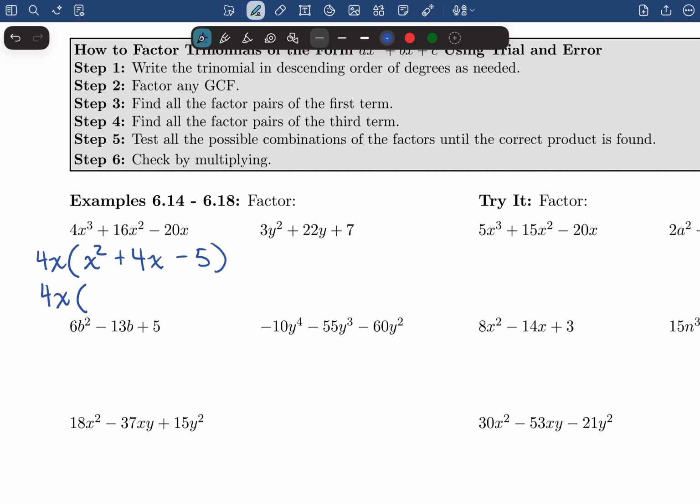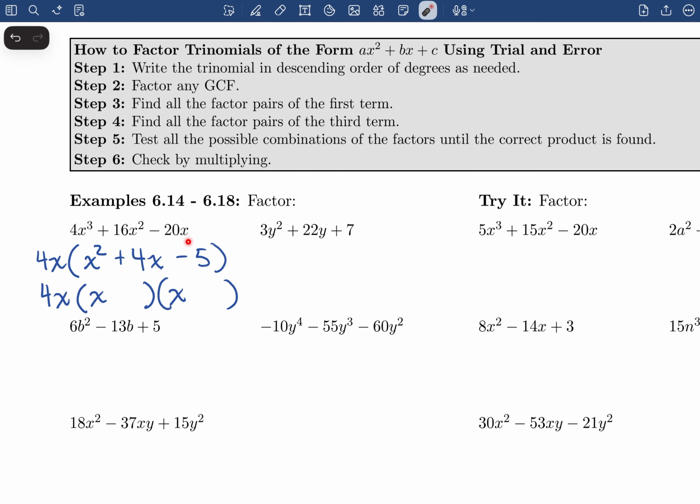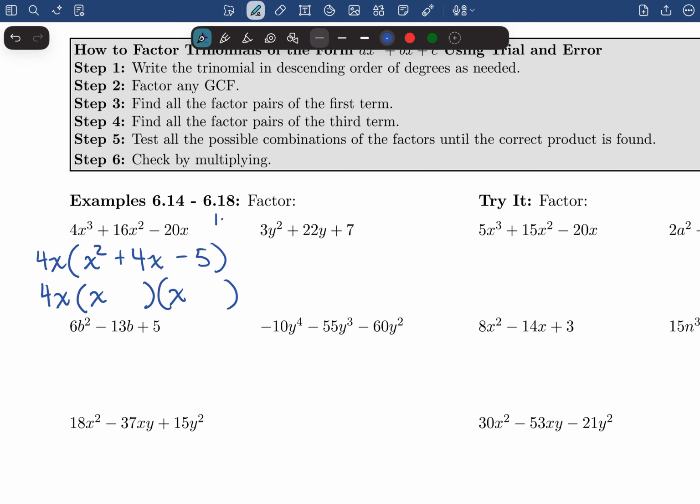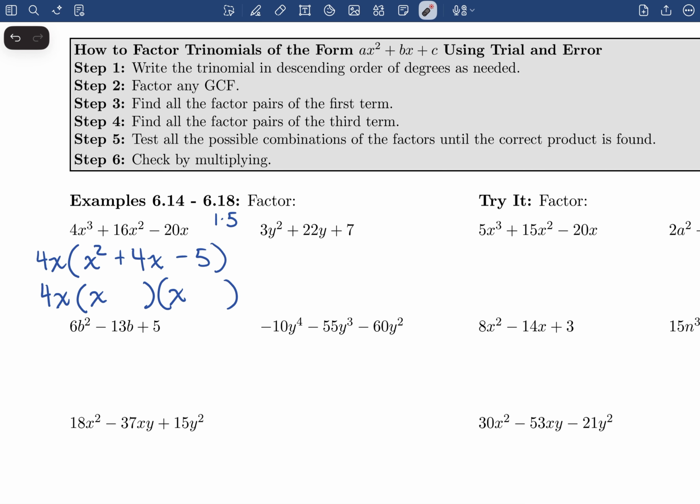I create two sets of parentheses, and I put x at the beginning of each binomial. And then I find the factors of 5. The constant is 5, so I'm going to find all the factors of 5. And I realize, wait, 1 times 5, that's the only set of factors because 5 is a prime number. And how can I turn 1 and 5, sum them together to make 4?